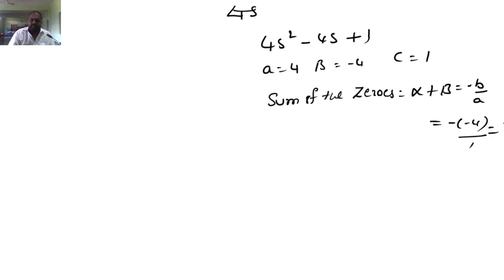Product of the zeros is C by A, 4 by 4, 1.